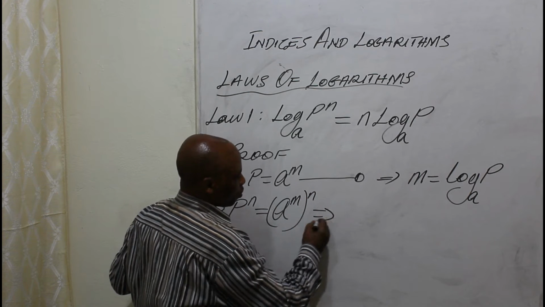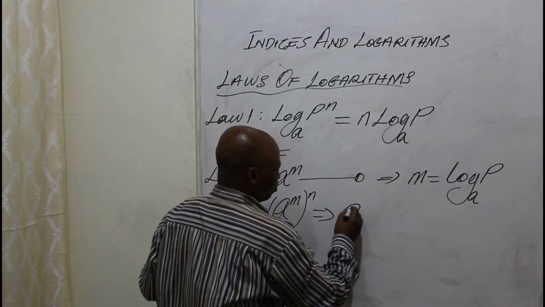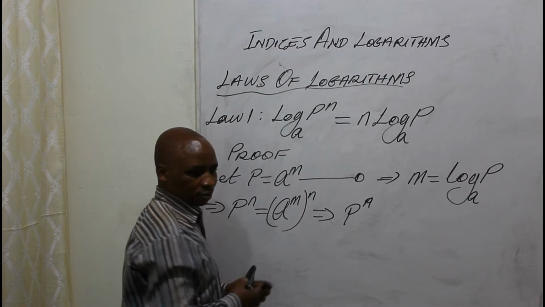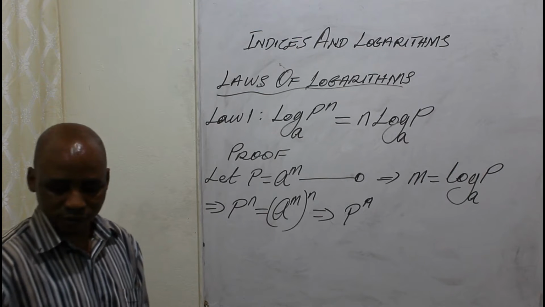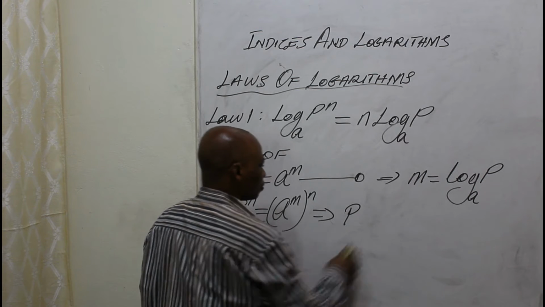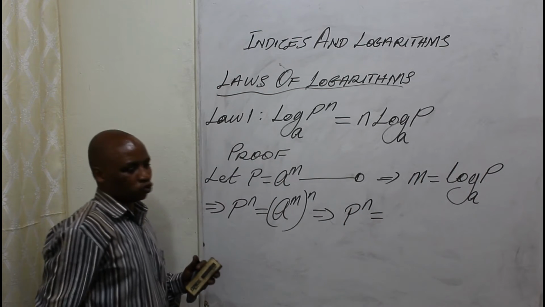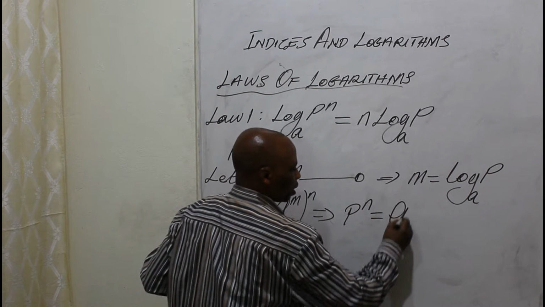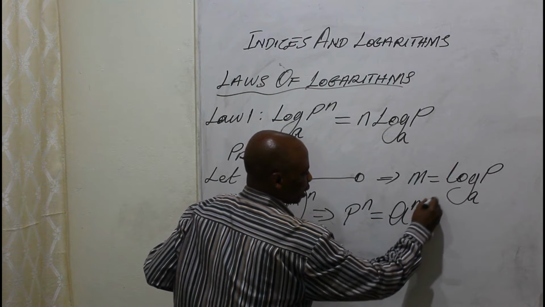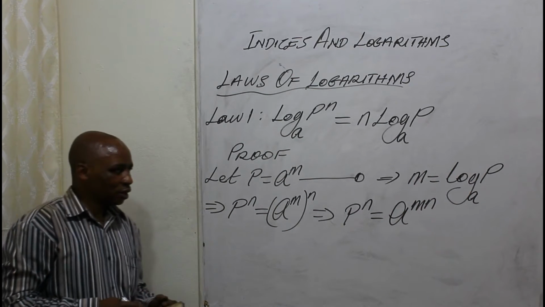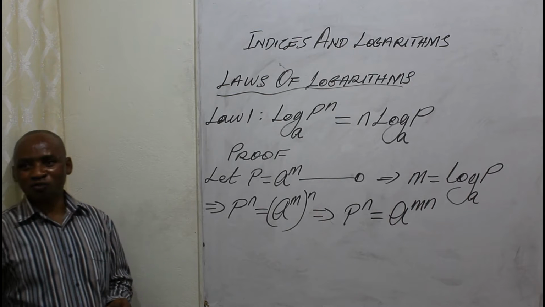In effect, we will get p raised to the power n being equal to a raised to the power mn. That's from the Exponent Law of Indices.